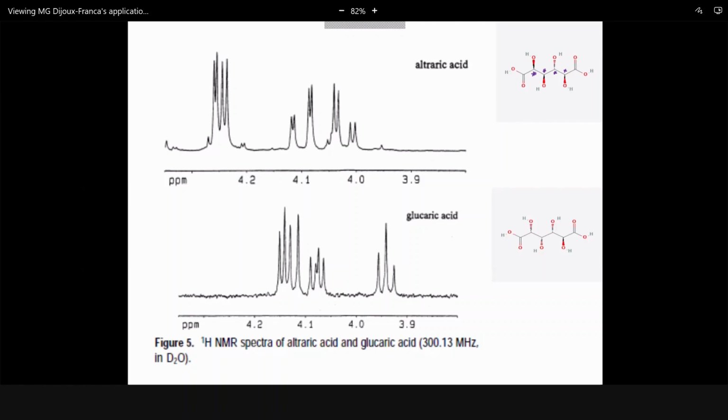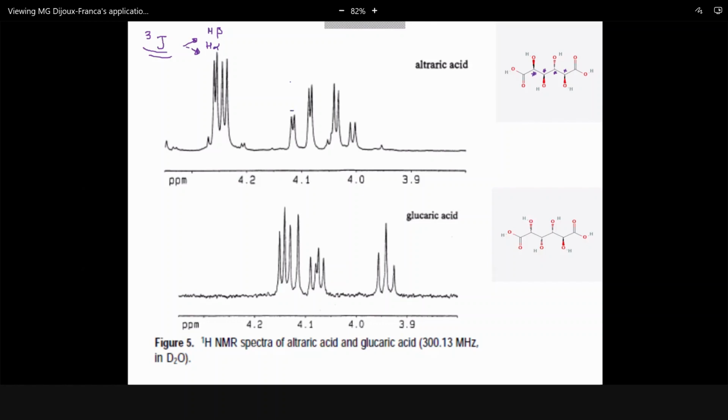This depends on the orientation in space between the protons. So the calculation of the J3 will be very helpful to say if we have a proton in beta position or in alpha position compared to another, depending on the value of the coupling constant.